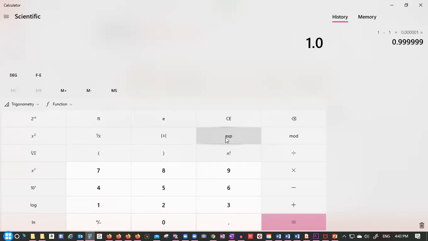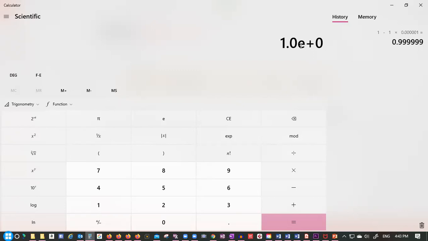Sometimes the calculator doesn't show exponent, but shows something that says EE. So that exponent is a simplification of when you say times 10 to the. So we hit that. Okay, it's there. You see the E?